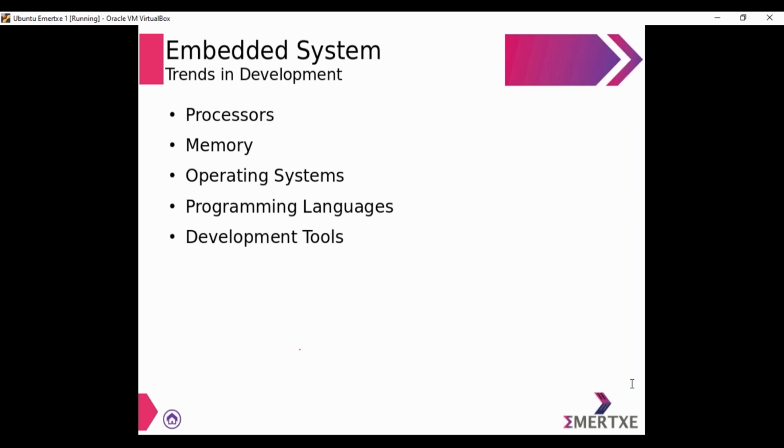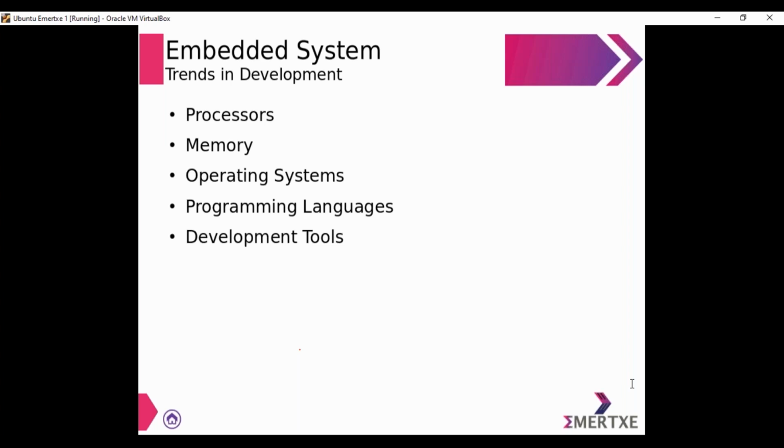It completely depends on the requirement for which you are designing an embedded system. Apart from that, memory: you already know you have so many choices when it comes to the memory of the embedded system.